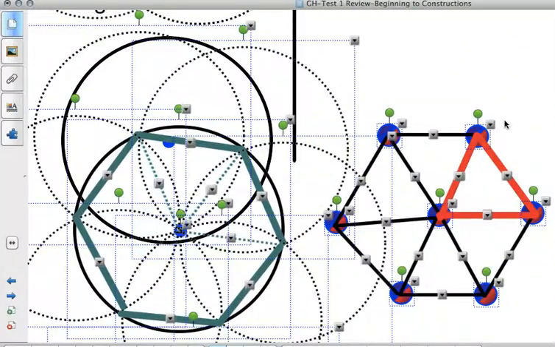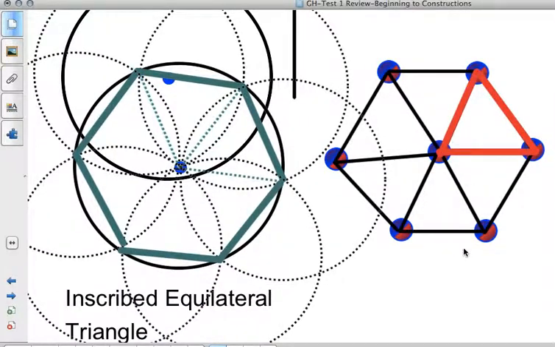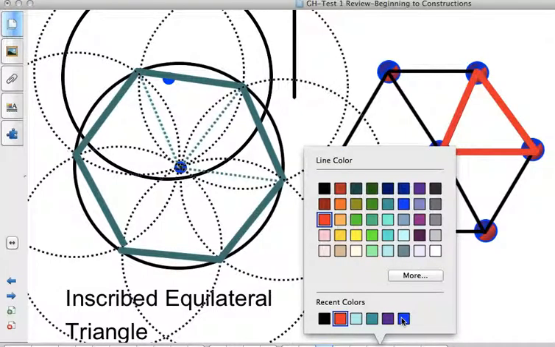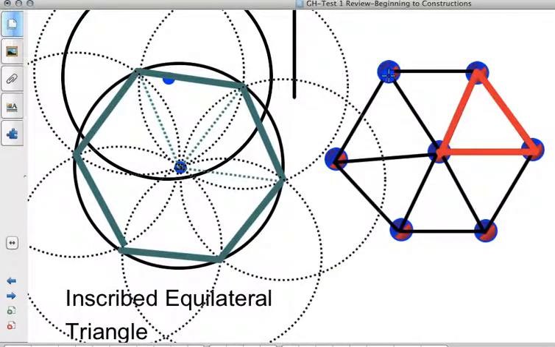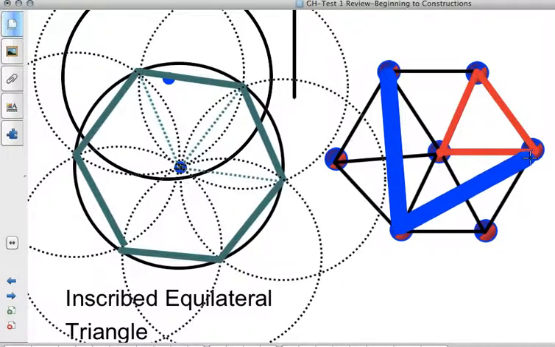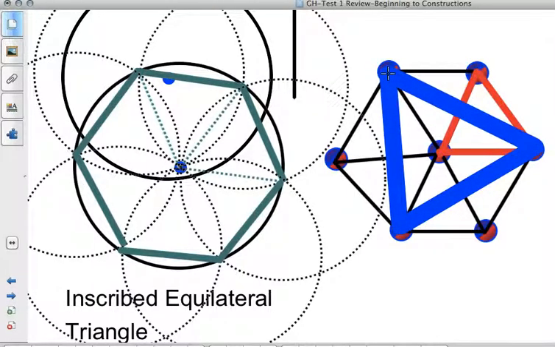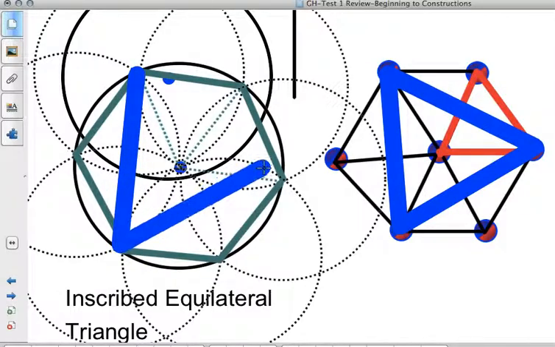Okay, so it's almost the exact same construction. The only difference being instead of having the full-on hexagon, I'm going to skip every other point. Let's go blue. And then I have a nice equilateral triangle. So again, almost exactly the same as a hexagon, just skipping points.